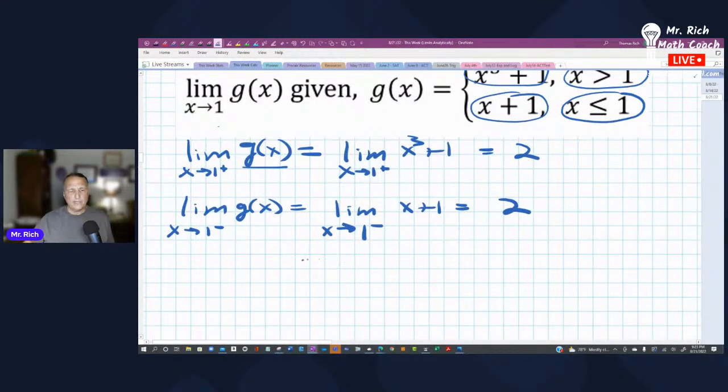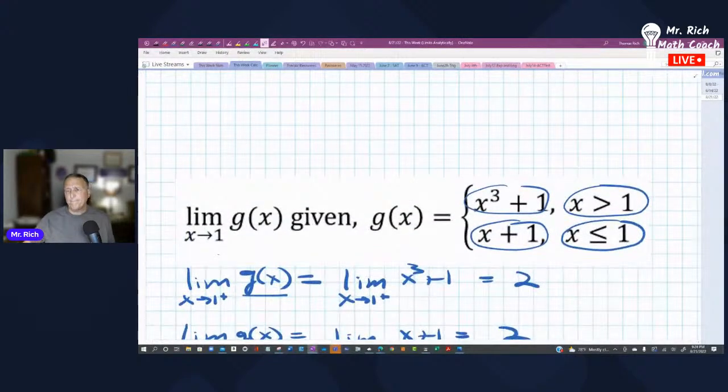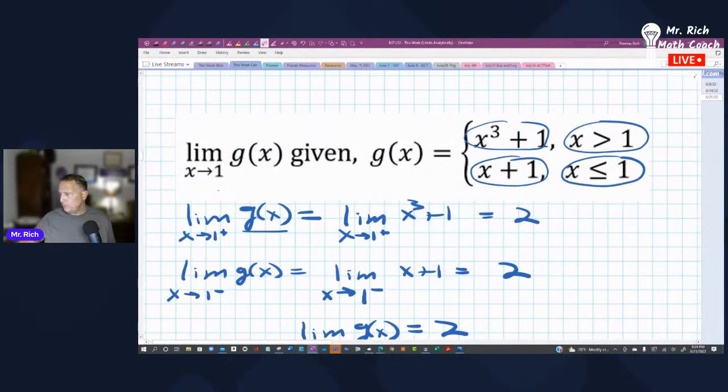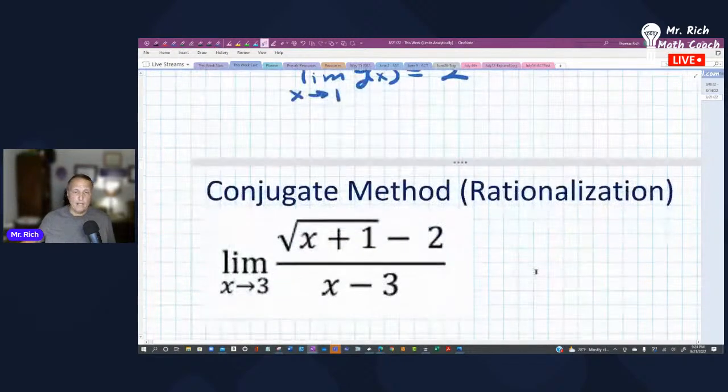So we could say the limit as x approaches 1 of g of x is equal to 2. Therefore, if I'm working with a piecewise function and I'm evaluating the limit at the place where the two pieces come together, and I happen to get a different number for the left and the right-hand limit, then that means the limit doesn't exist there. Okay, let's carry on.